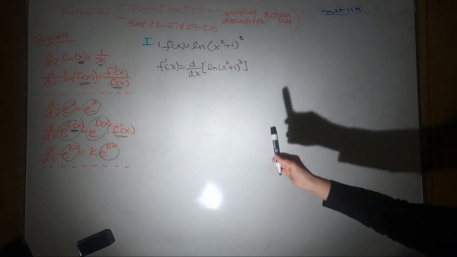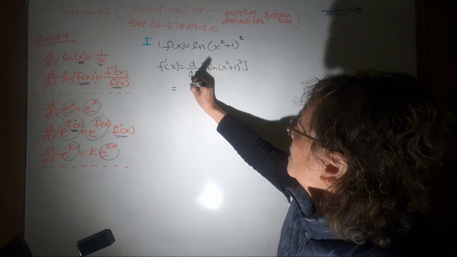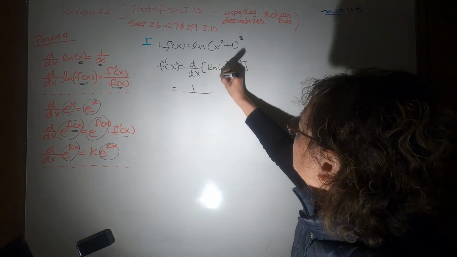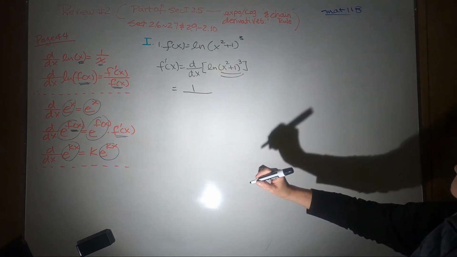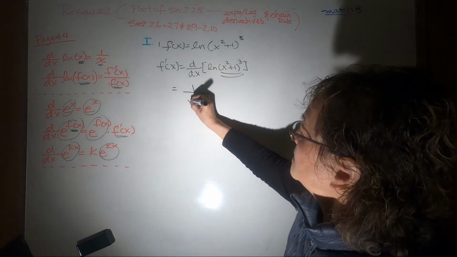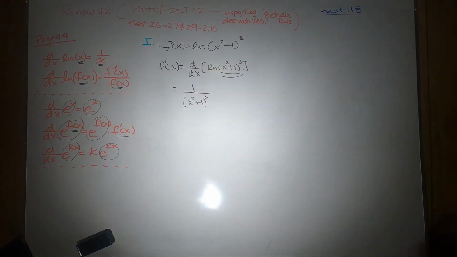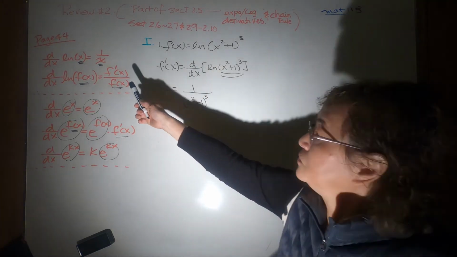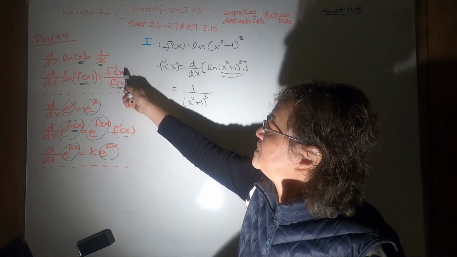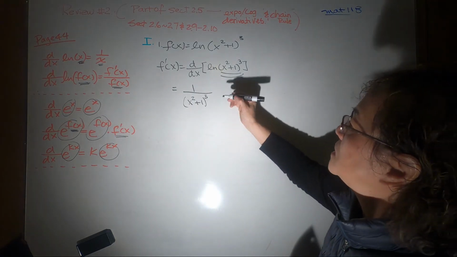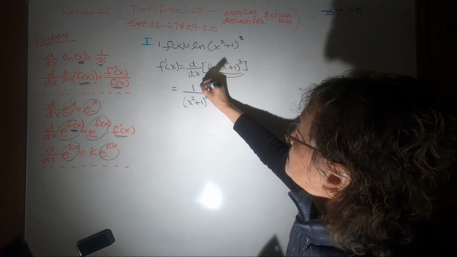So for the log, you do what? 1 over whatever is after the natural log, right? That would be x squared plus 1 to the cube, right? Then, according to the natural log chain rule, you need to take a derivative of this as well. So that would be what?